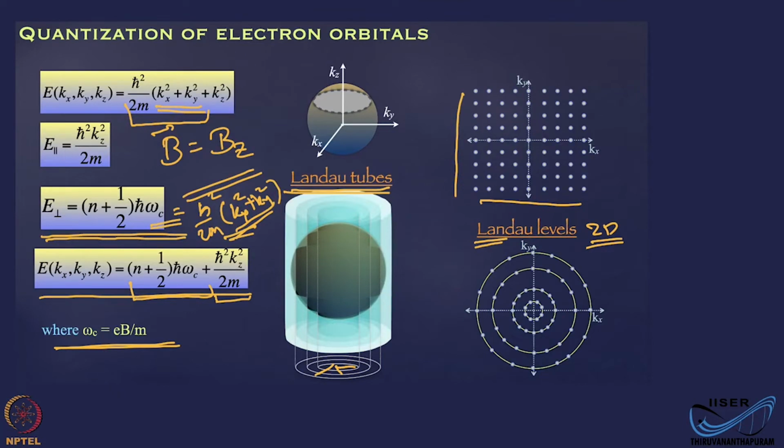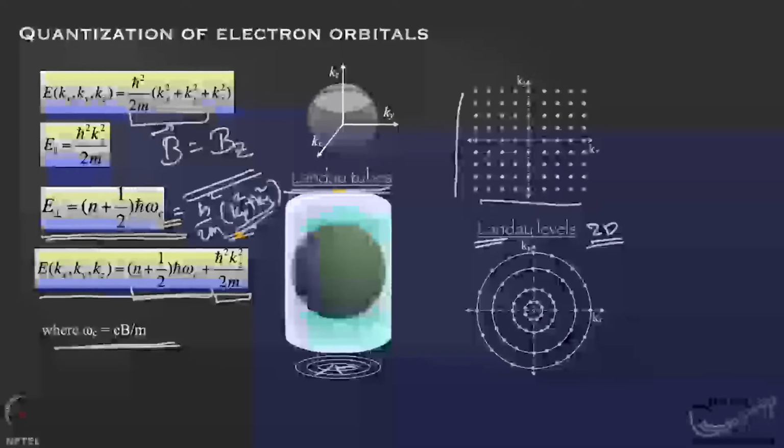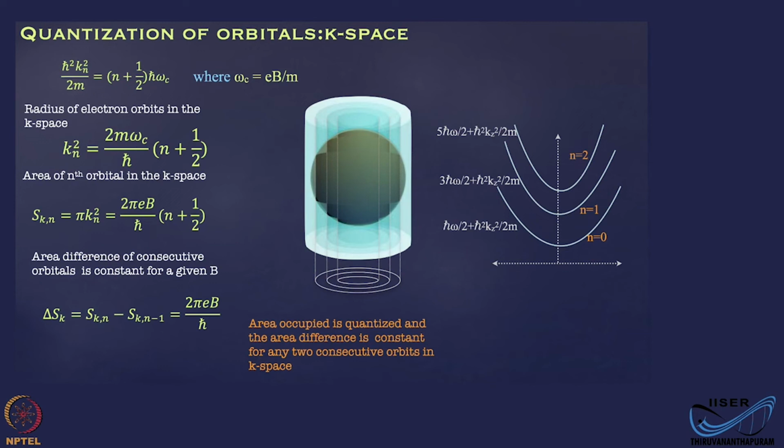orbitals. Now you know that these states are lying on certain levels or tubes which are quantized. Now let us look into what happens to these electron orbitals in the K space. First we will go with the K space, then we will consider what happens in the real space.